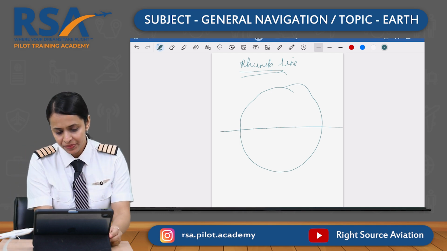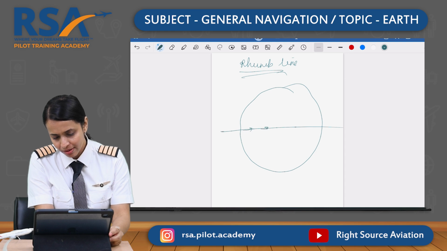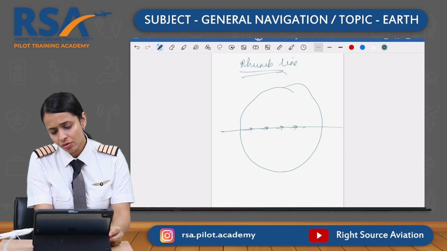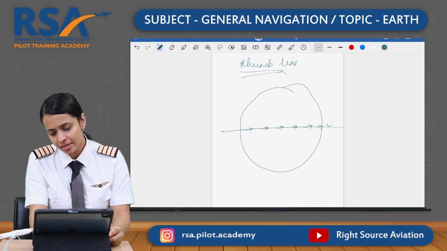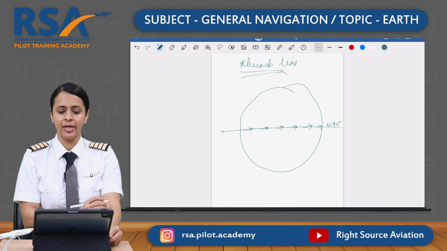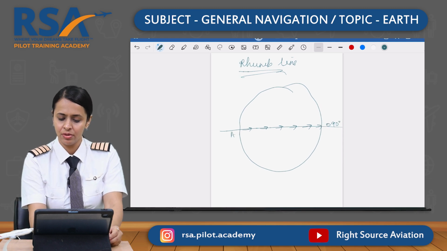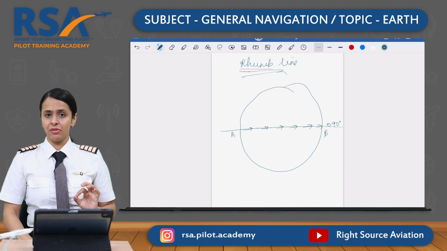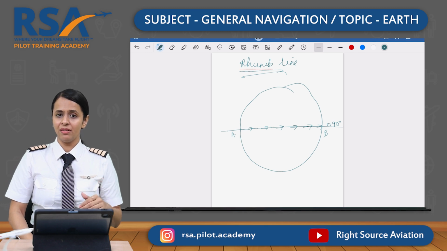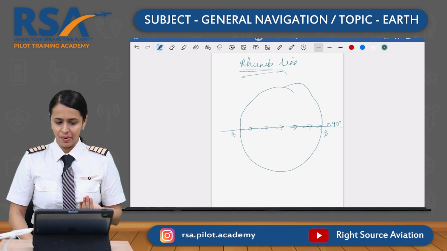For example, if I am following this equator like this, I know the only heading that I need to maintain is 090 to get to this place. Now this can be a rhumb line and this can also be a great circle because it's the equator.